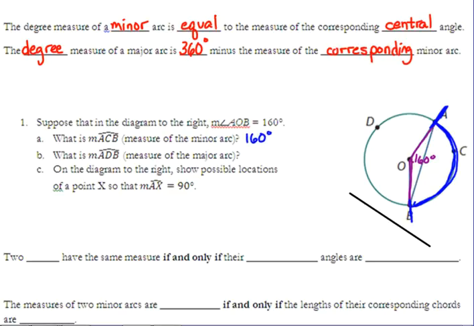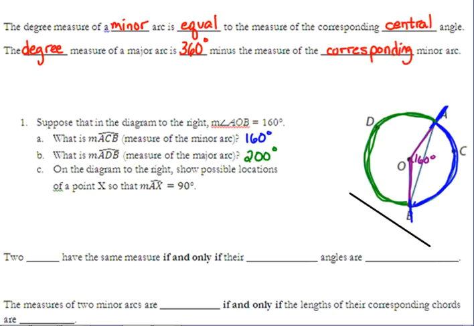So this minor arc is 160 degrees as well. The major arc, the rest of it, ADB, A to D to B, would be 200 degrees, because if the minor arc's 160, I have 200 left to make up the entire circle.